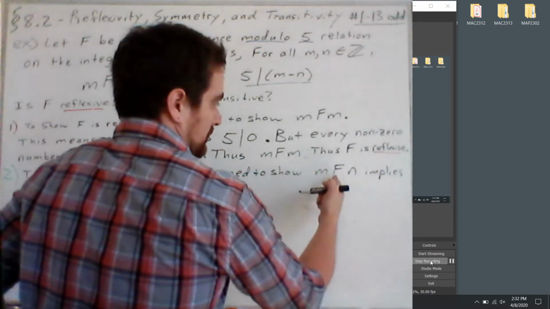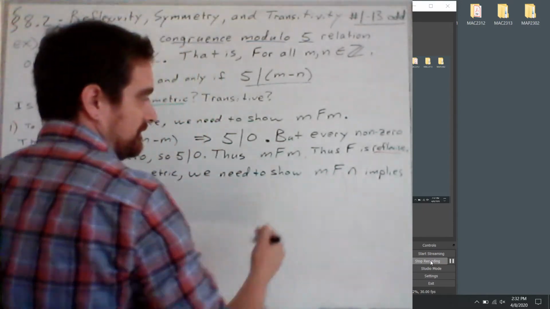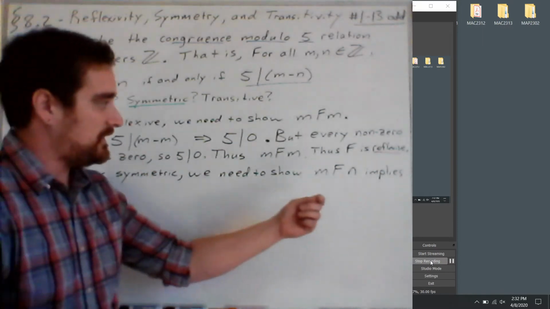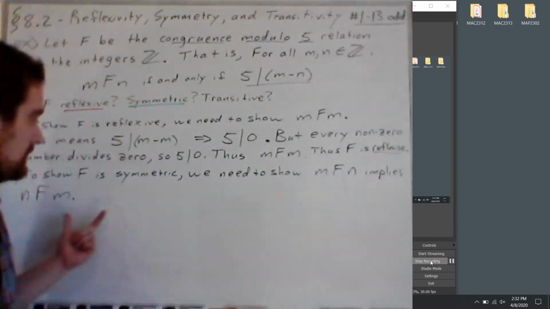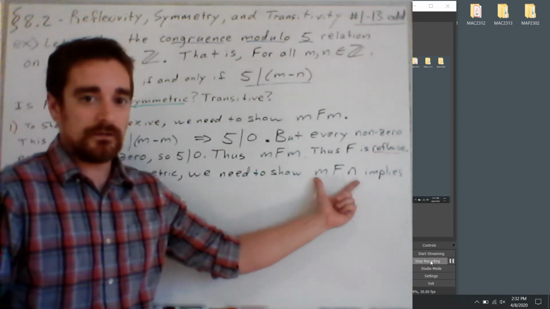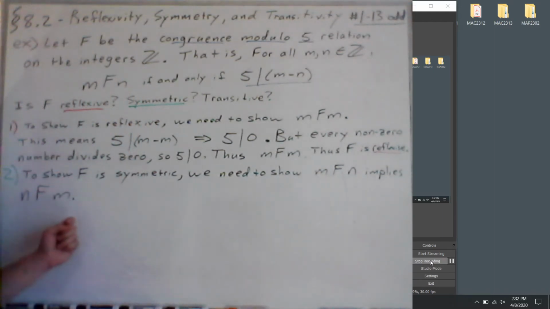So in order to show that this is a symmetric relation, this is what we need. Now, if we have m, f, n, then do we get n, f, m? So this is an if-then statement. Does this imply this is what we need to show? So we're going to start by saying this is given.